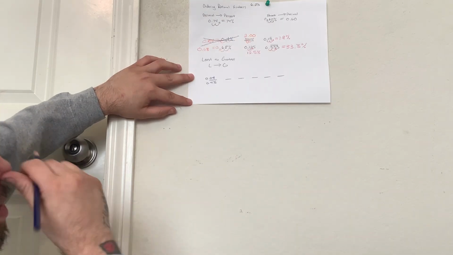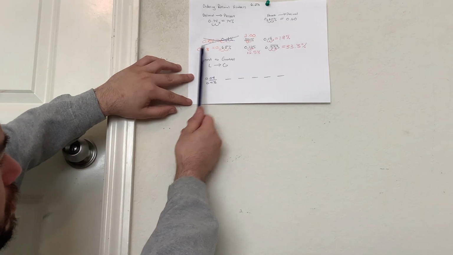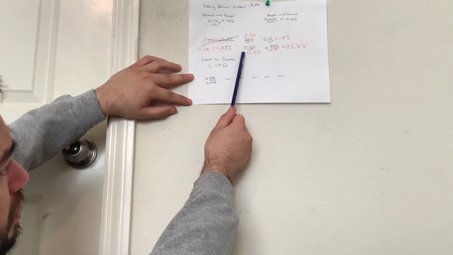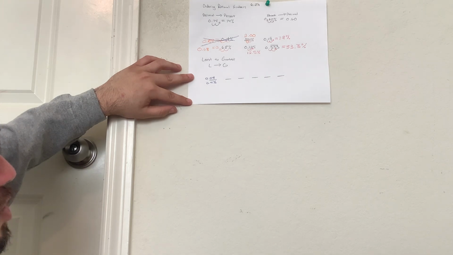I'm done with that. I'm going to cross it out. Now I'm looking for what's left, right? I have 68 cents, $2, 19 cents, 33 cents, about 13 cents. Well, if I'm going from least to greatest, smallest to biggest, then I know that almost 13 cents is going to be our next smallest amount.